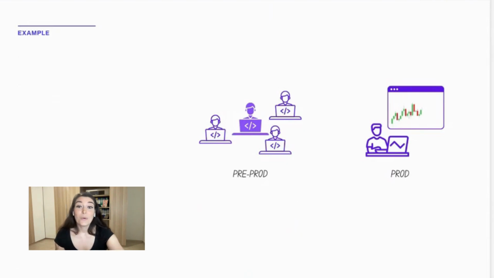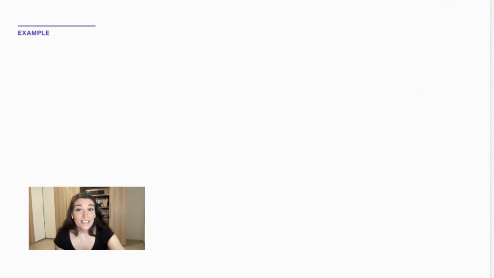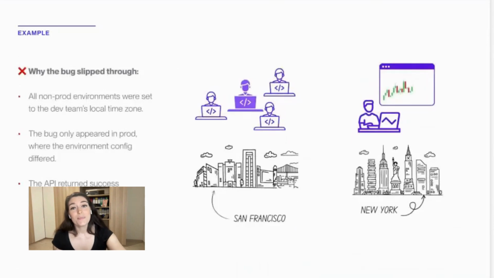And the team spent hours debugging. They ruled out an upstream data provider issue, front-end issues, and finally, they realized that there was a mismatch in time zones between prod and non-prod environments caused by the new windowing logic. This new logic was enforced using the user's local time, which showed no errors in dev and staging because all systems were configured according to the developer's local time.